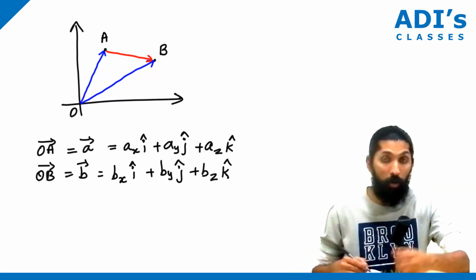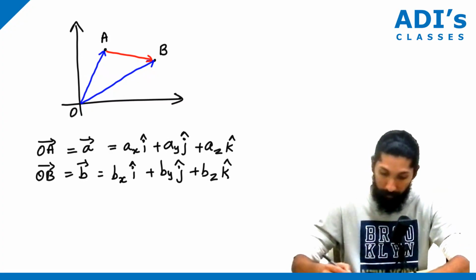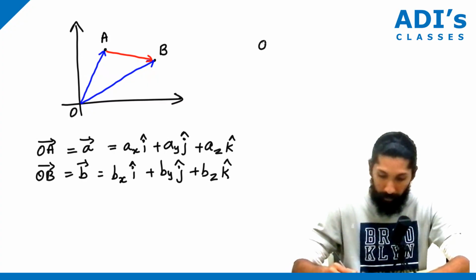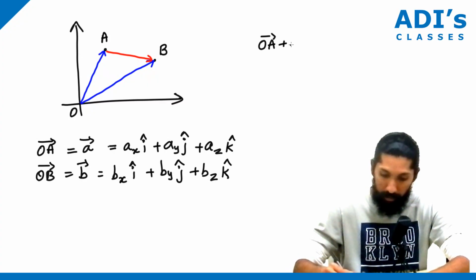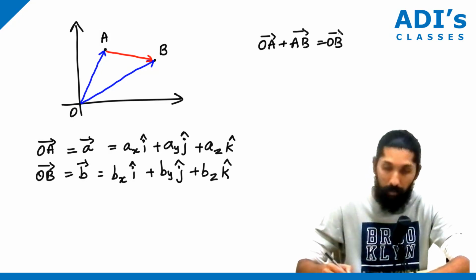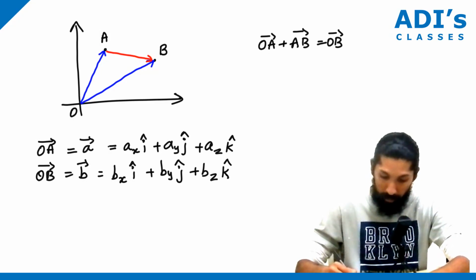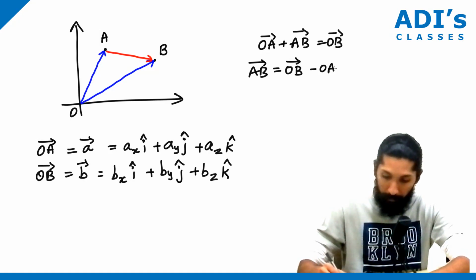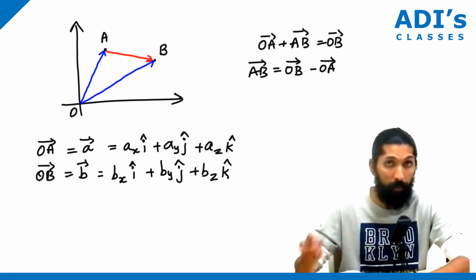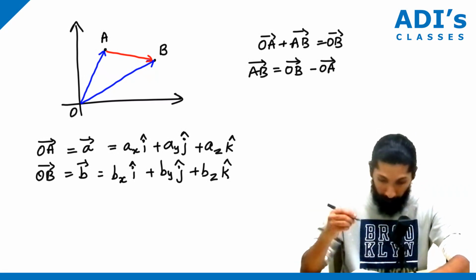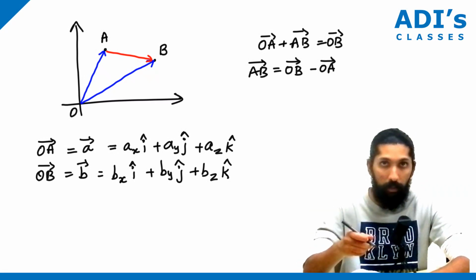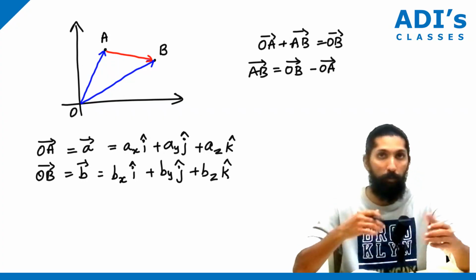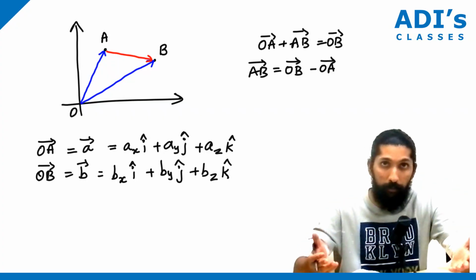From the triangle law of addition, we can write vector OA plus AB is equal to OB, correct? So what is the AB vector then? AB vector becomes OB minus OA. That means we do the same thing using the components, because components are what we have for a vector, isn't it?